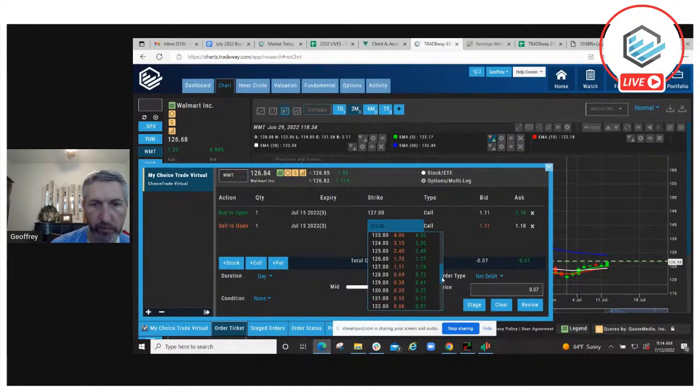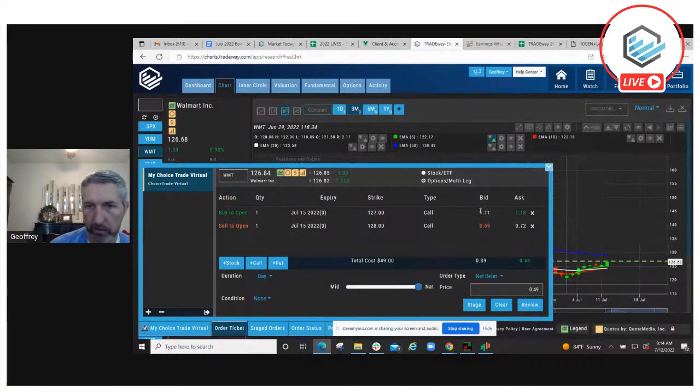But let's just say we were doing a dollar wide debit spread here. They're saying it's going to cost us somewhere between 39 and 49. Okay, well, we'll do 45 then. All right, so the less I pay, the more I can make. If I'm paying 45, I have the potential to make 55.